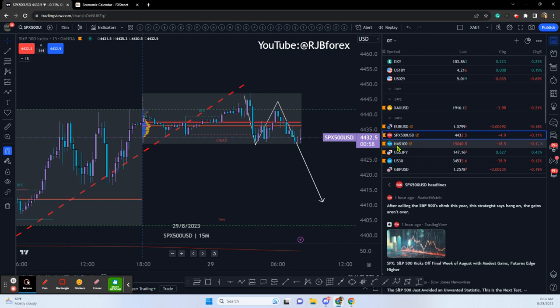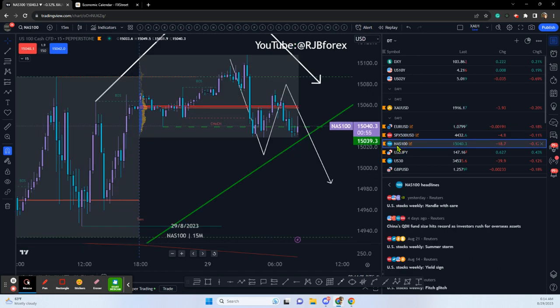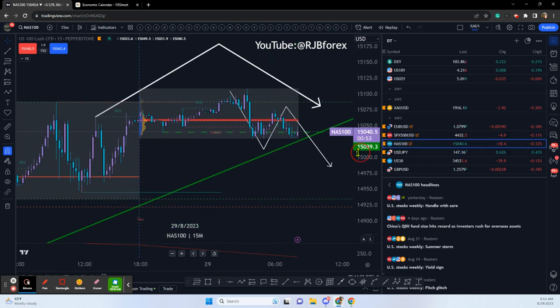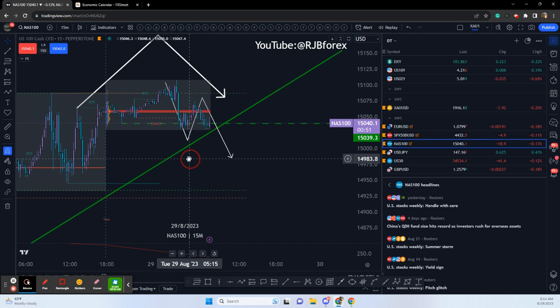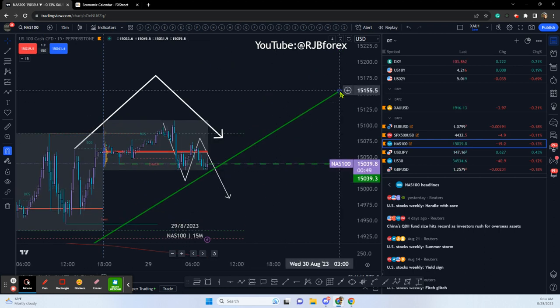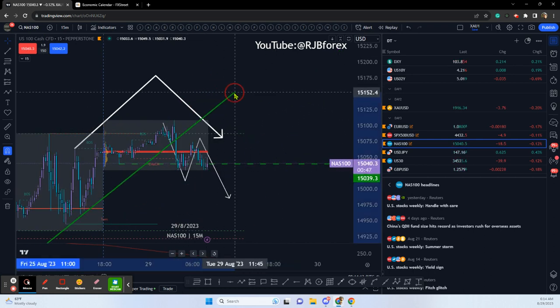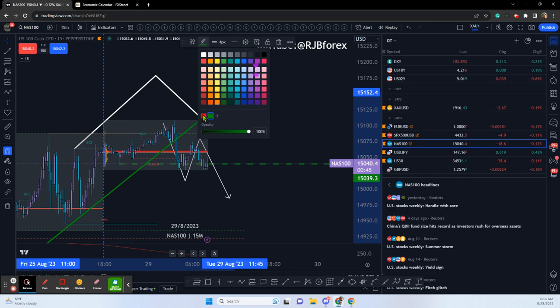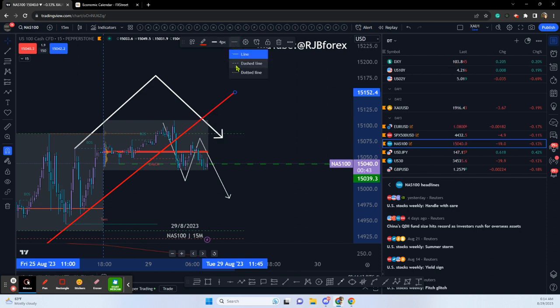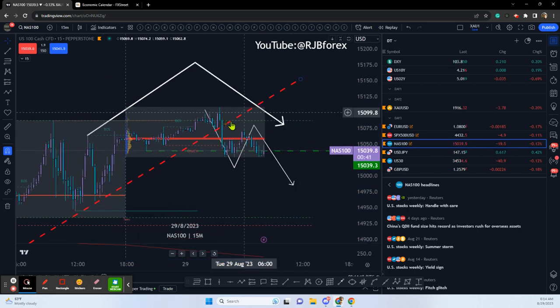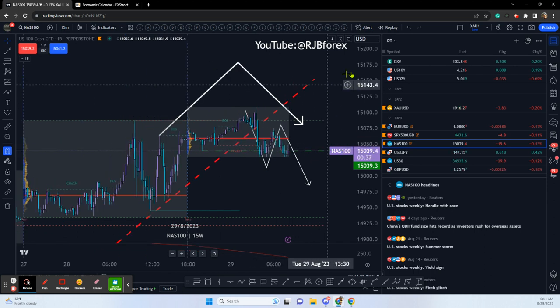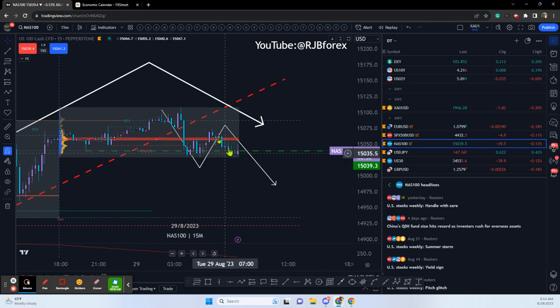Day three, same with the NAS, pretty much exactly the same setup. Broken down market. M formation. It's very bearish. Looks like it wants to just pop to the downside, doesn't it? So you've got this M formation here, topping formations up top.